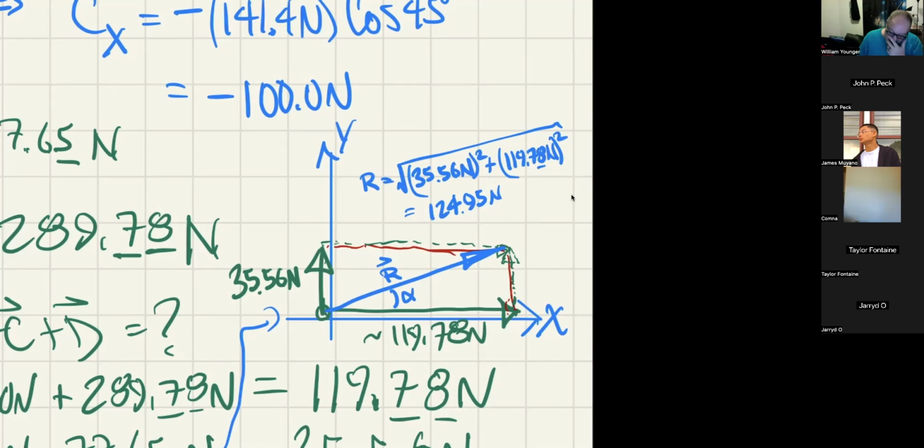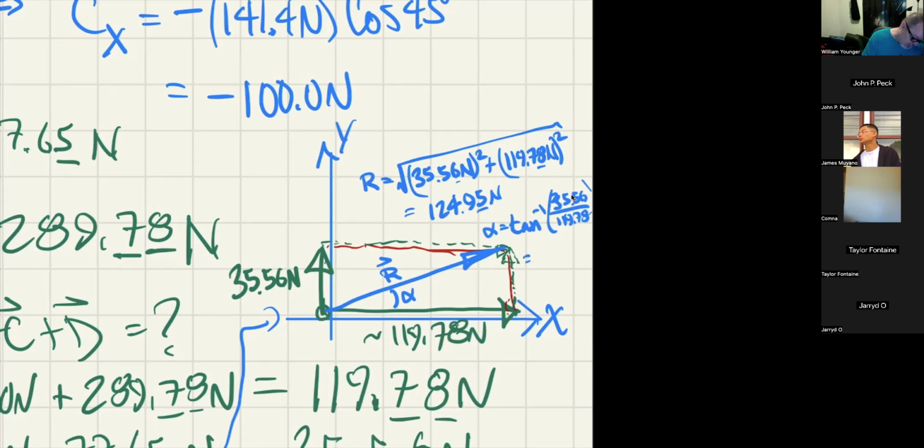So that worked out pretty good. It's a little tricky working out sig figs, but I'll just leave it and assume we got one sig fig there. Now the angle alpha can be gotten by taking the inverse tangent of 35.56 over 119.78.